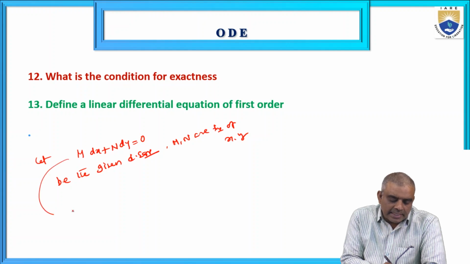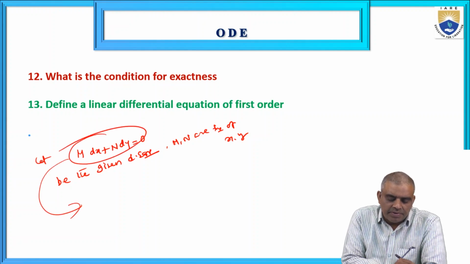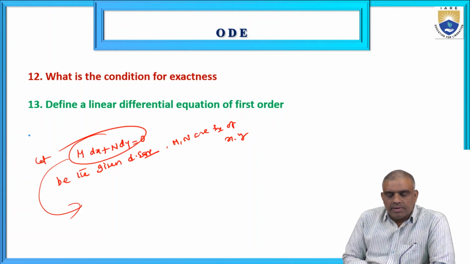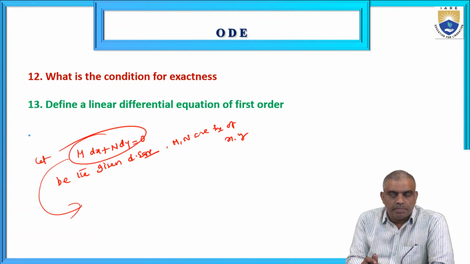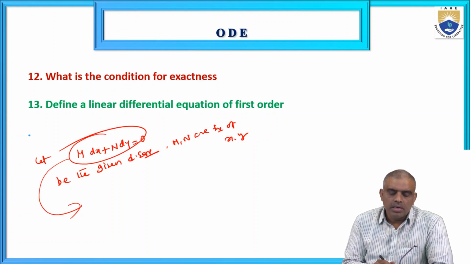The condition for exactness. What is an exact equation? A differential equation which is obtained from its primitive by direct differentiation, and no further operations are used, is called an exact differential equation.